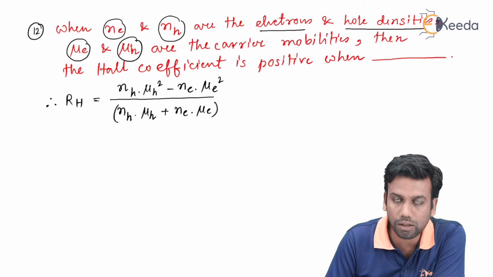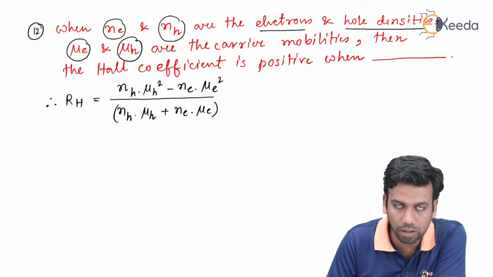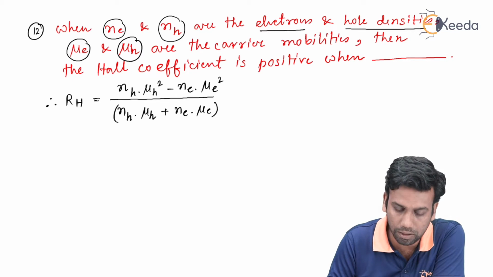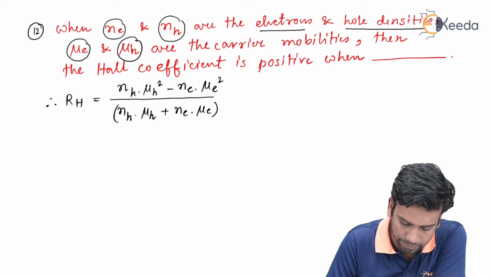So this is the Hall coefficient that is given by the Hall effect of the sample.